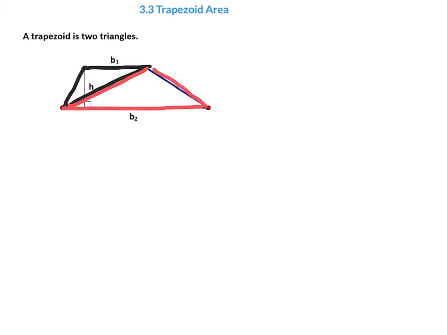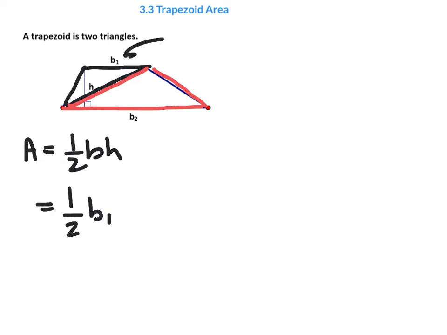So let's find those 2 areas. The area of the black triangle would be 1/2 its base times its height. Its base would be B1 right here. And while its height is kind of in an awkward place, it would be this, which is just the h, right? It would just be that h, the same as the other triangle's height.